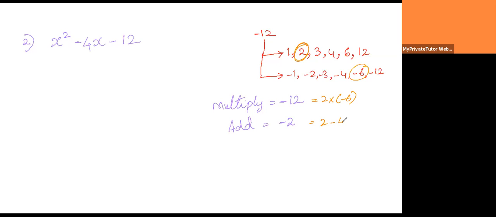Okay, sorry for that. I think you understand now. So with minus 4, you can write the answers directly, which is x plus 2 and x minus 6. Sorry for that. Okay, so we'll try some questions and see.